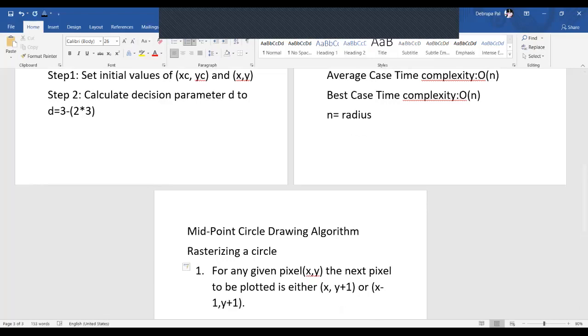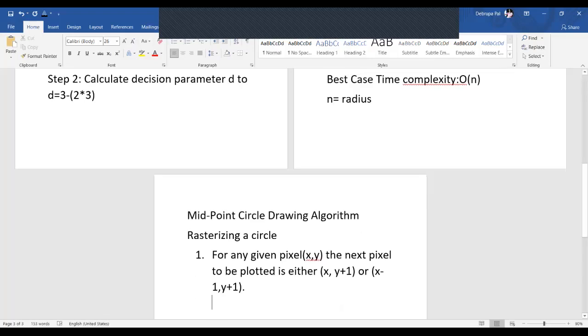Now this can be decided by following the steps below. How it can be decided, that is, which of the options will be chosen. How do we do that?